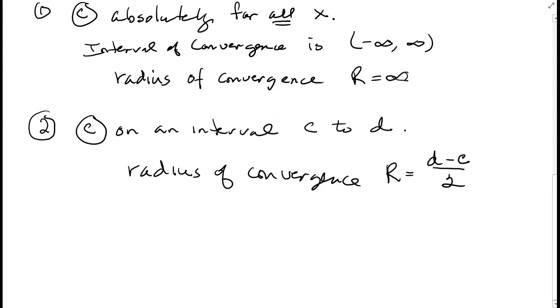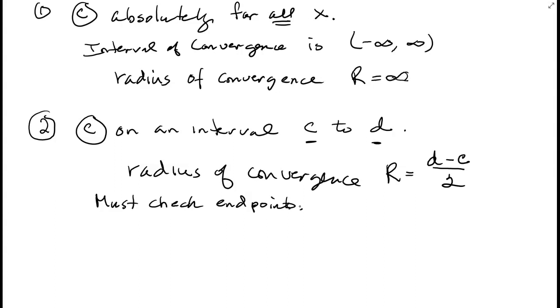Now, I have to talk a little bit about this interval because I didn't write it out yet. When writing an interval, you must check the endpoints. You have to plug in whatever value C is and whatever value D is for X, and check the convergence of that series, to determine what's happening on the endpoints.